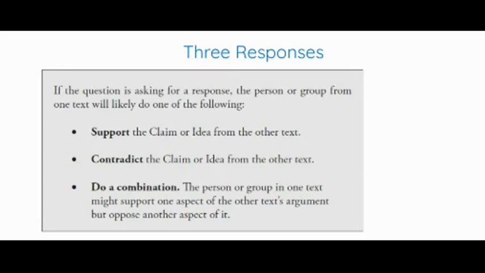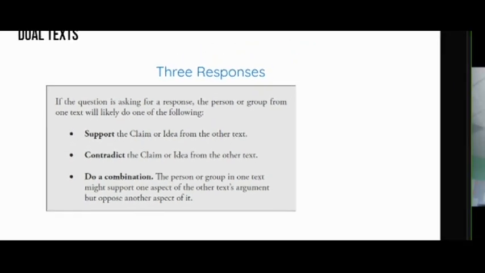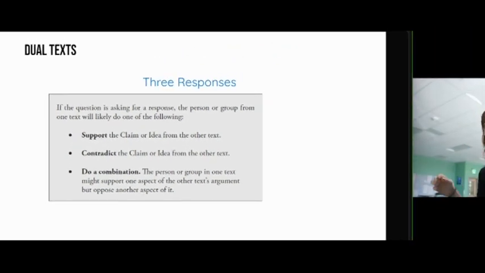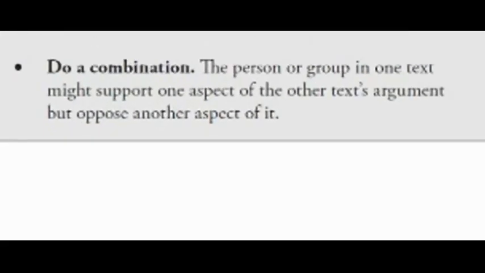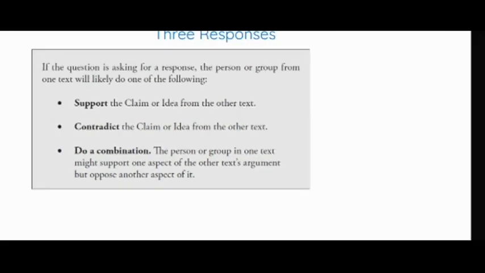They will support the claim or idea from the other text. They will contradict. Both of these responses or pieces of evidence we saw in the purpose lesson last week. However, the difference here is that they could also do a combination. So they might support one part of the argument and then oppose another aspect of it.